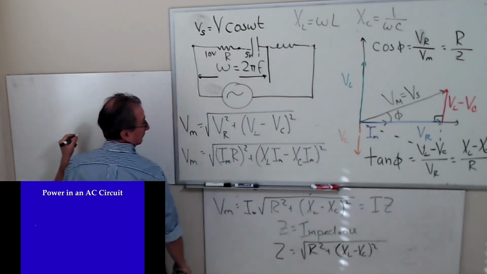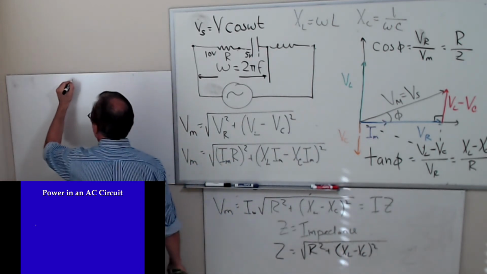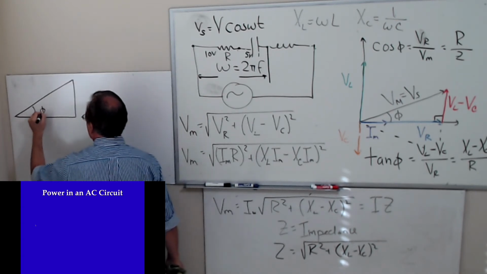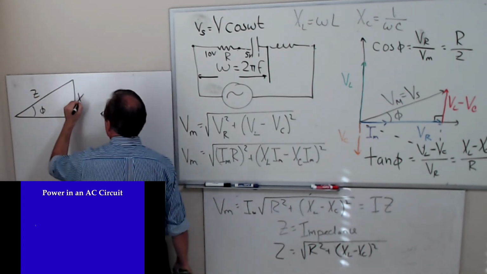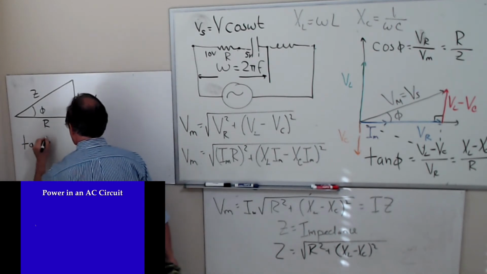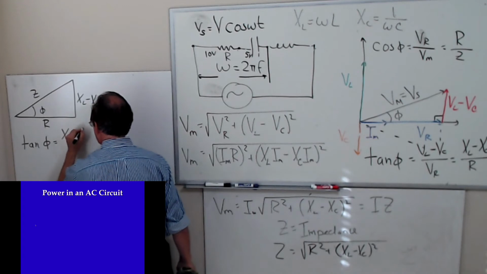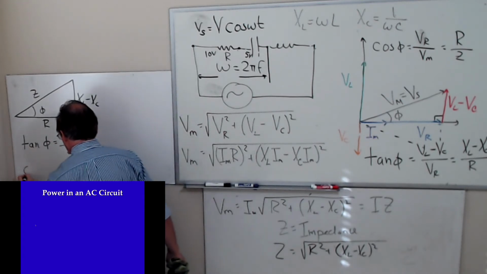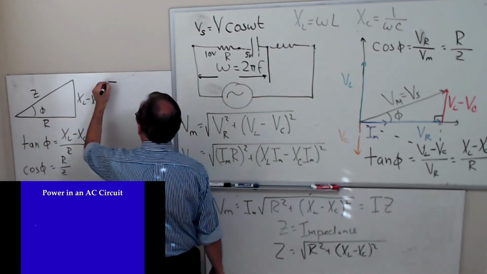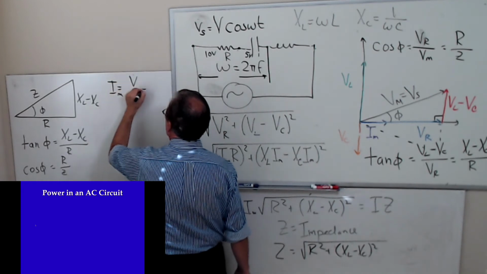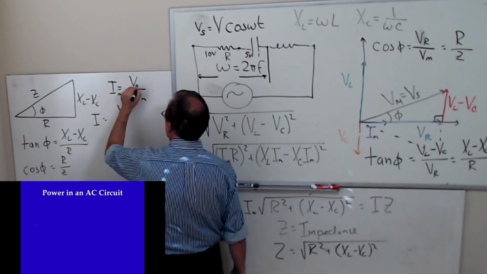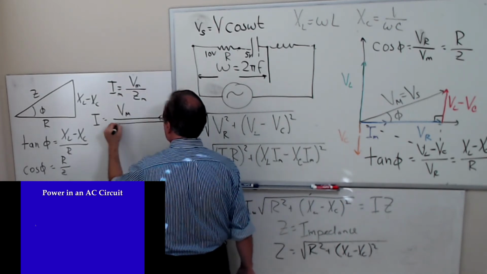So let me write some of this stuff down on this board. Let me redraw my impedance triangle. So I can write the total current the following way.